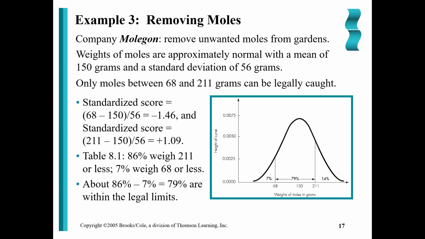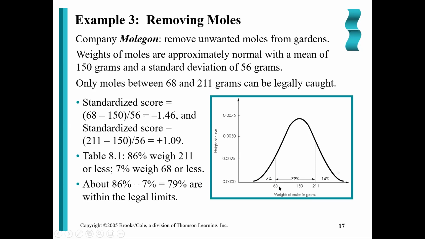And then for any moles that weigh 211 grams, we subtract the mean and divide by the standard deviation, we get 1.09 as that standard score. So negative 1.46 is down to the left, and 1.09 is to the right. We want to know what is the percentage of moles that can be legally caught. Well, how would you do that?